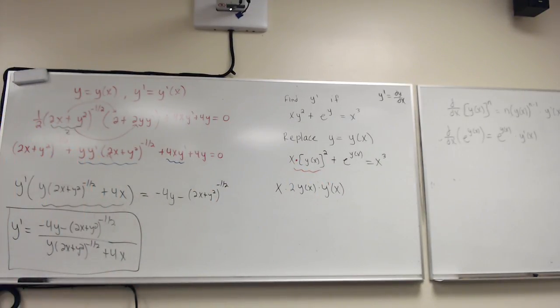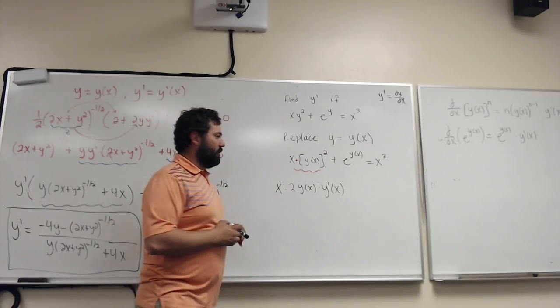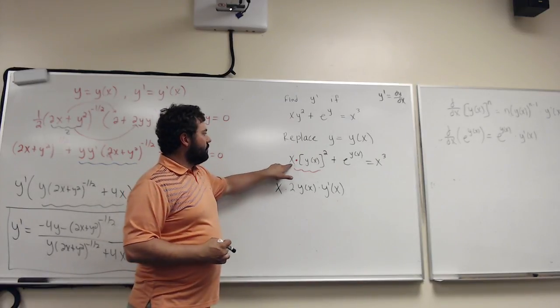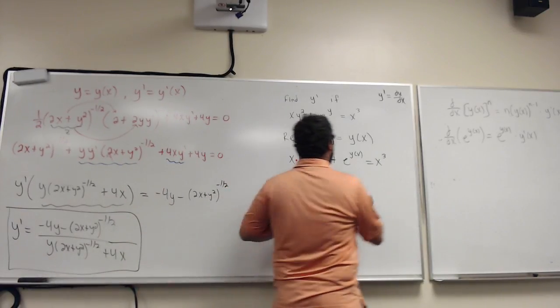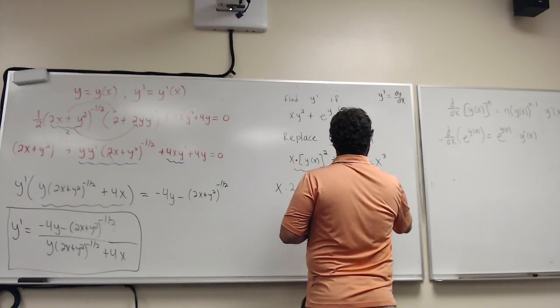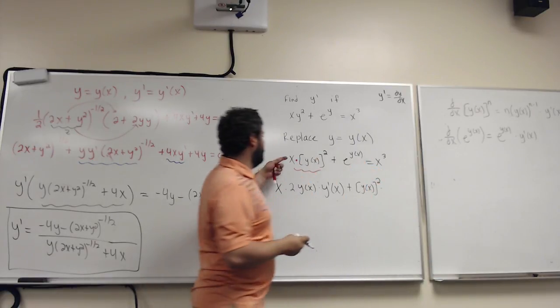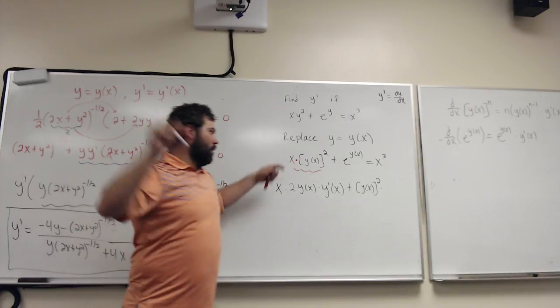If it was just y squared, you would write 2y y prime. Okay. And is that the whole derivative yet? That was just first times derivative of the second. Now it's plus the second function, y of x squared, times the derivative of x, which is 1.